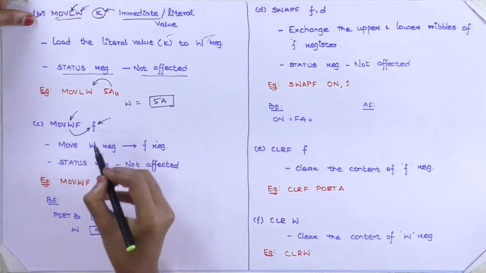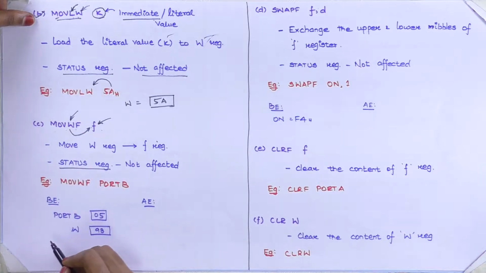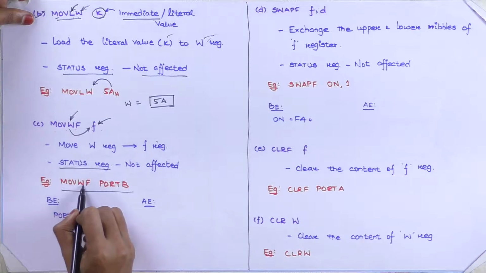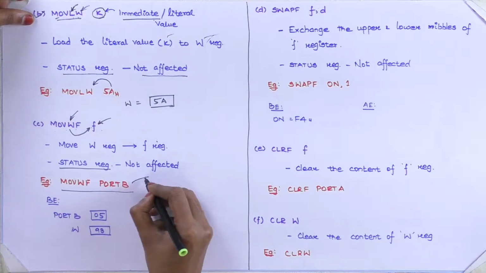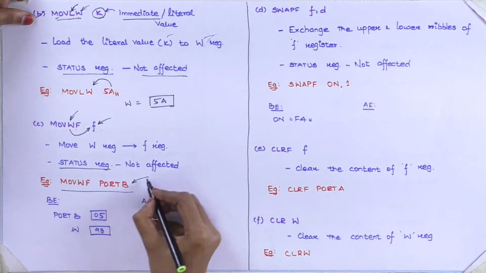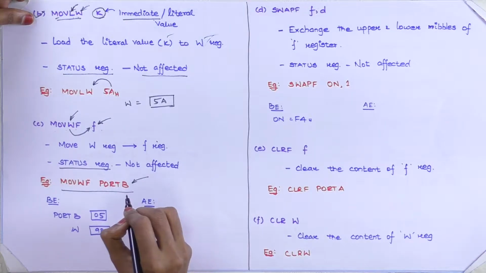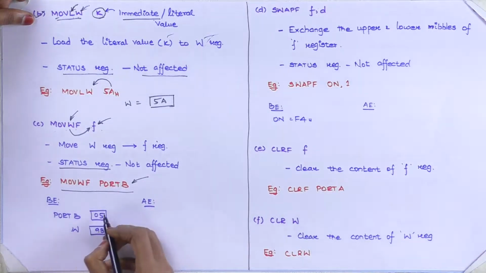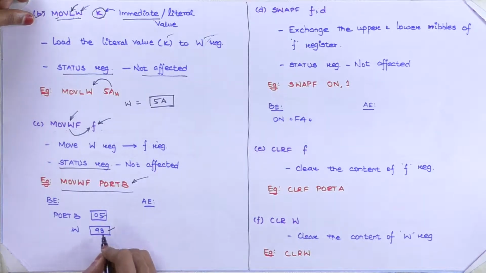By executing this instruction, the status register will not be affected. For example, I have taken this instruction MOVWF PORTB. This PORTB is a special purpose register meant only for port B. Before executing this instruction, PORTB has the value 05 and the working register has the value 9B.